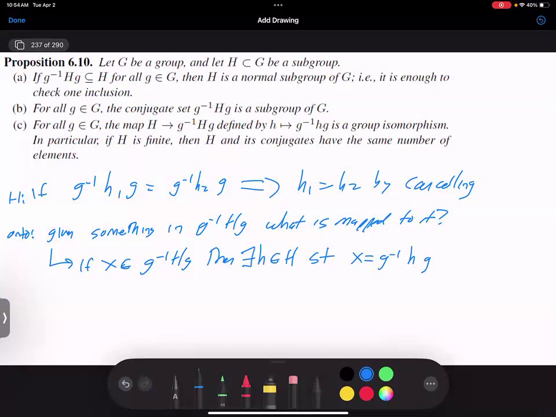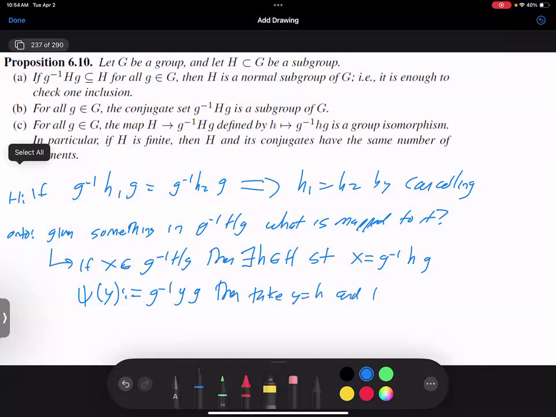So if we define C of Y to be G inverse YG, then what should I take for Y to get this element X? Yeah, just H. Then take Y equals H, and you get C of H is G inverse HG.